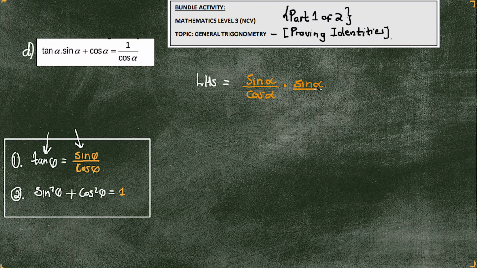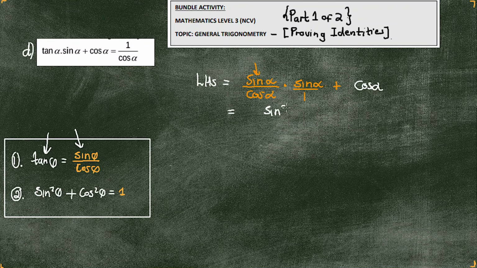Rewrite the sine as a fraction because I need to have fractions multiplying each other. This one is a fraction, this one is not a fraction, so you need to change it into a fraction so that when they multiply, you can multiply properly, and then nothing changes for the cos alpha.